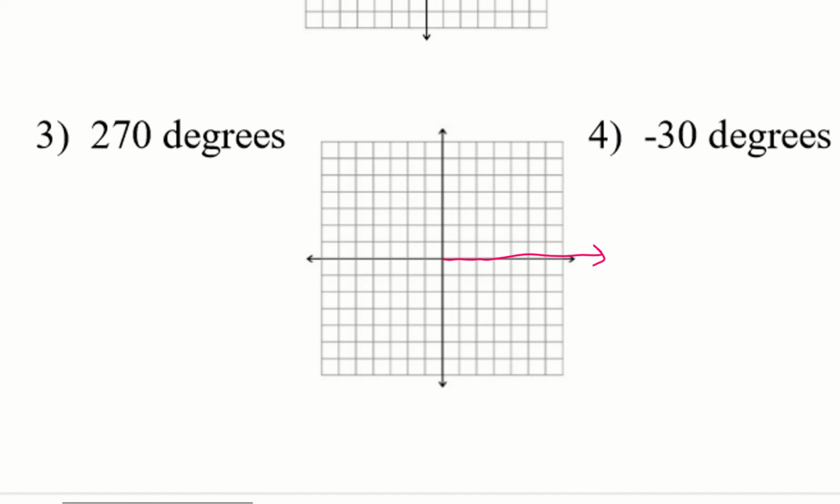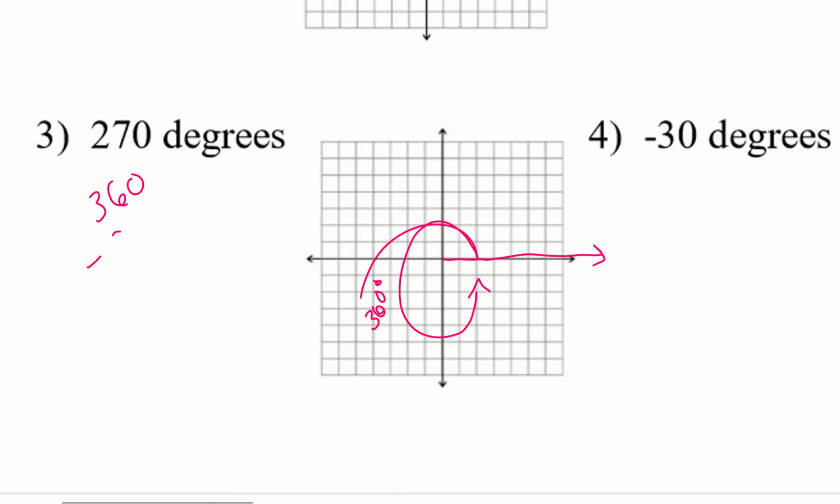So number 3, we're going 270 degrees. So I know that is past 180, so I know it's going to go past this way, but I'm not quite sure how far. Remember, in a circle, the entire thing is 360 degrees. So all the way around. If I start and end in the same spot, that is 360 degrees. So what I'm going to do is take 360 and subtract 270.